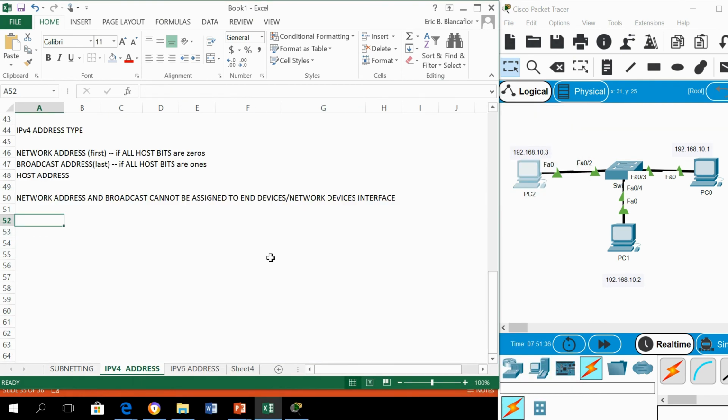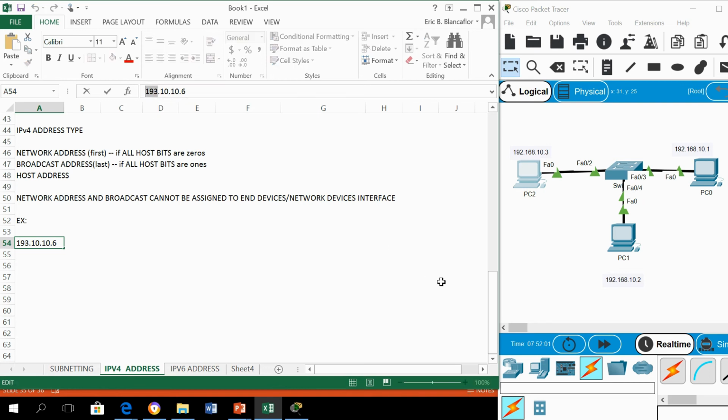Let's have some example. Say I have an IP address of 193.10.10.6. Is this a network address, host address, or broadcast? So how do we answer? First, we need to know the class. How do we know the class? We look at the first number.